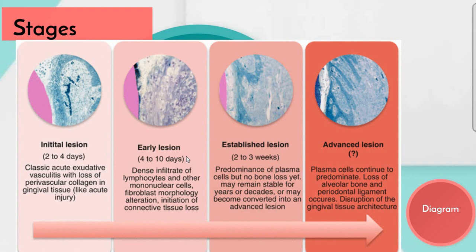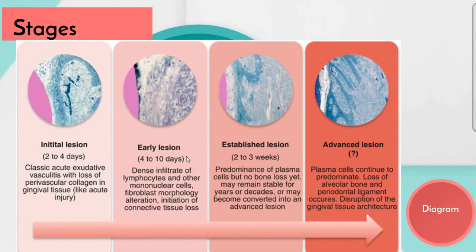Here blood vessels become engorged and congested, venous return is impaired, and blood flow becomes sluggish. So you may see the gingiva is darker in color. You may see congested blood. So the established lesion can be described as moderately to severely inflamed gingiva.